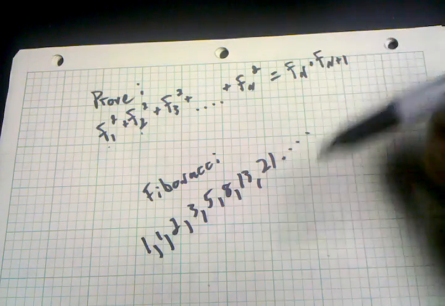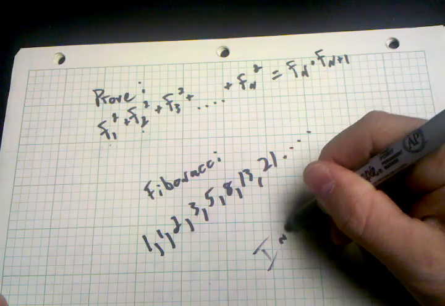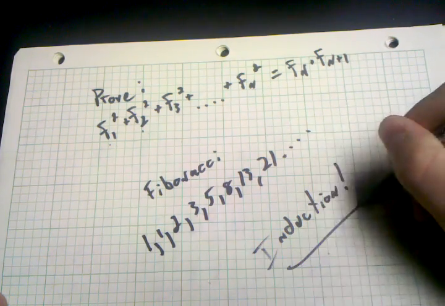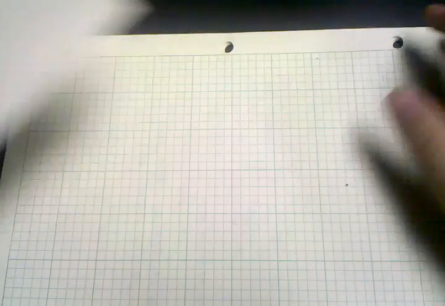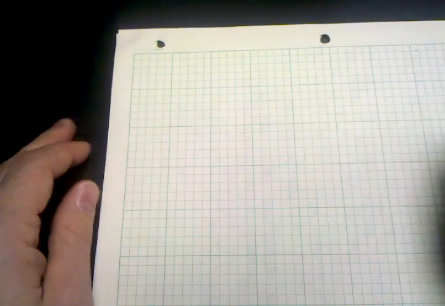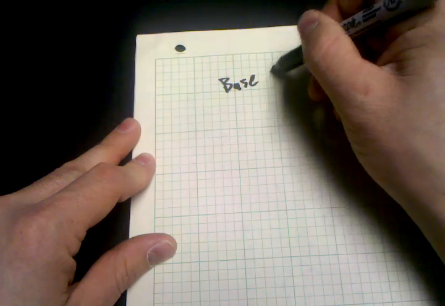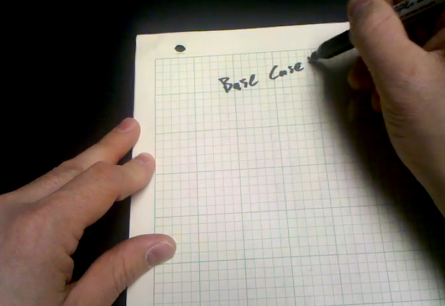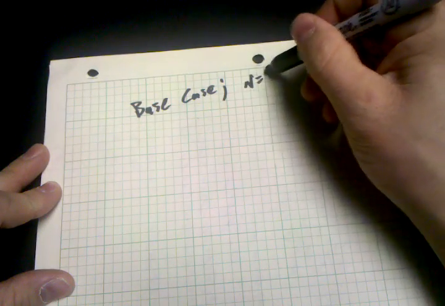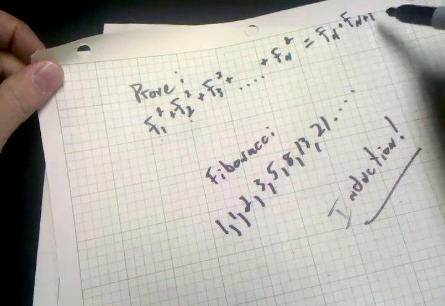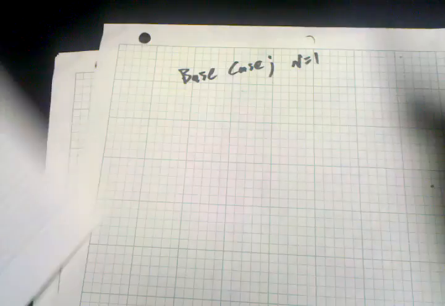So prove that. We're going to prove that by induction. Mathematical induction, also called induction 1. Now, with mathematical induction, we need a base case. Let's call our base case n equals 1. So then we're just going to plug in n into this and see if it works.